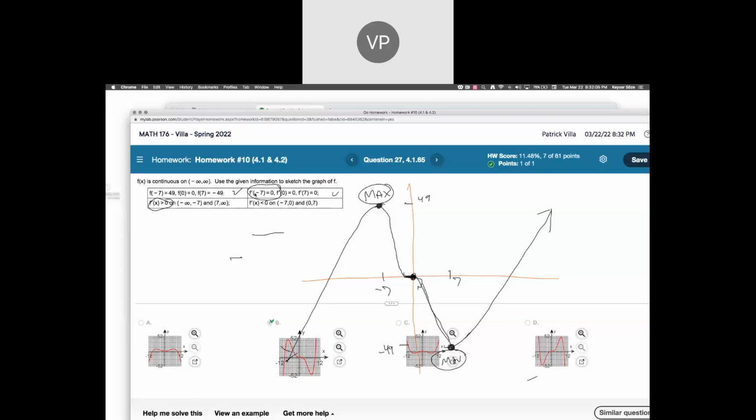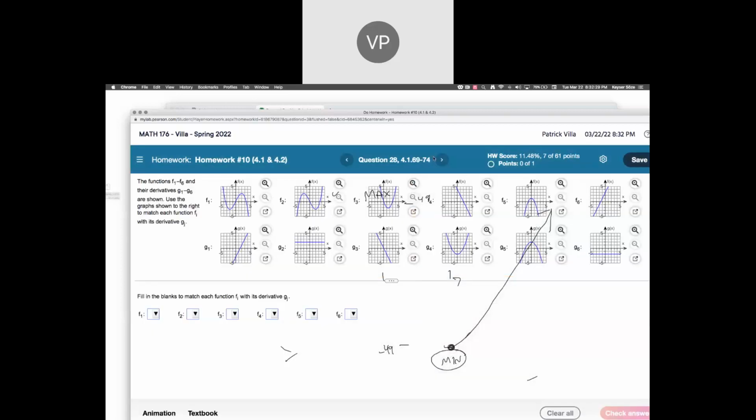When they tell you f prime of negative 7 is 0, they're telling you that it's a zero slope tangent line right there. So it's a max or a min or something. When they tell you derivative is greater than zero, derivative is less than zero, it's just another way to say the graph is either increasing or decreasing along those indicated regions. Okay, so let's look at number 31 and see how good and bad this one is.